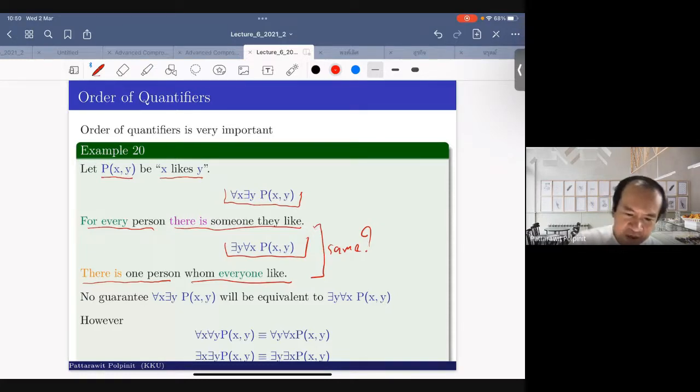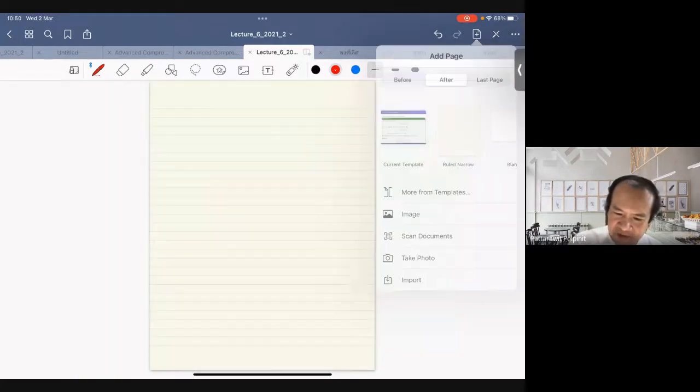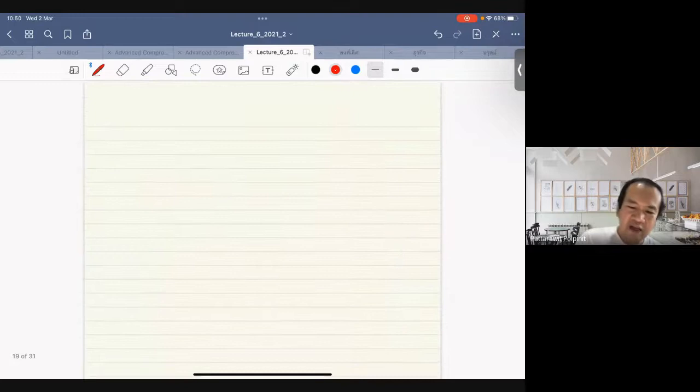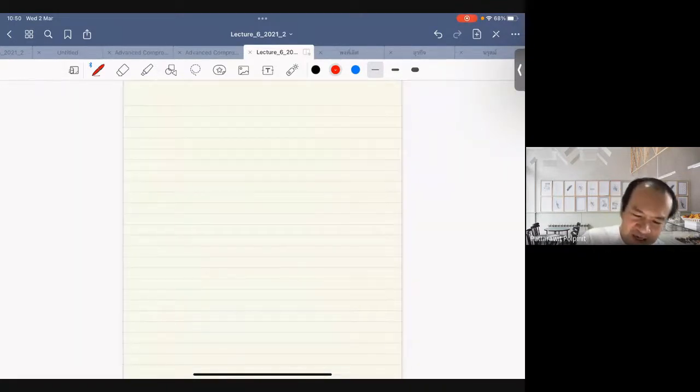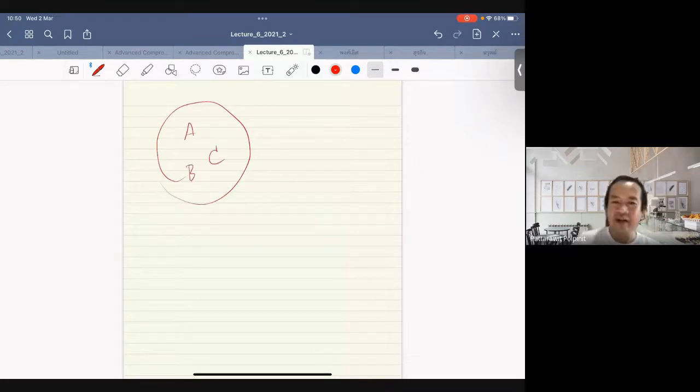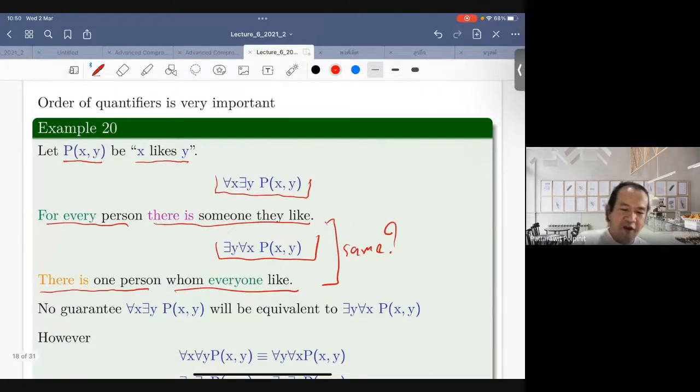I can give you a really simple example. Let's say there are only 3 persons in the class, A, B and C. The first sentence says for every person, there is someone they like.